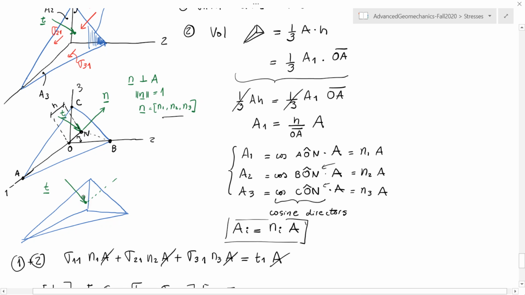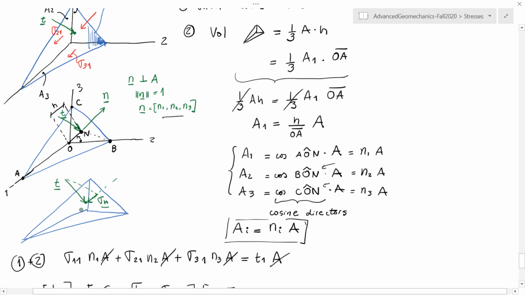So if this is T, then T can decompose into a normal component, sigma n, which is going to be a vector if I give it a direction.